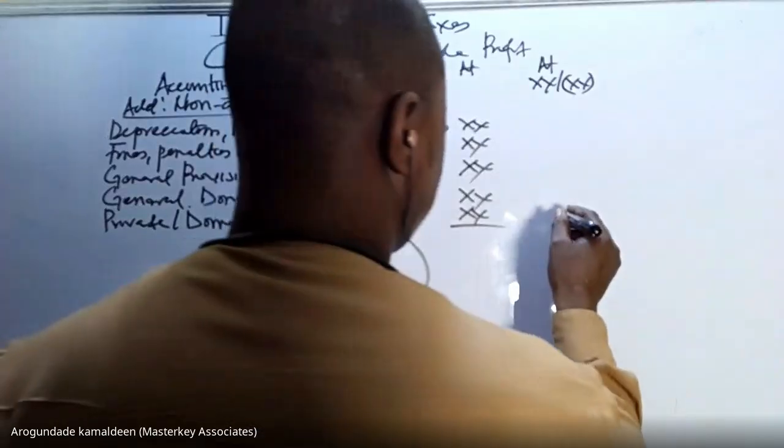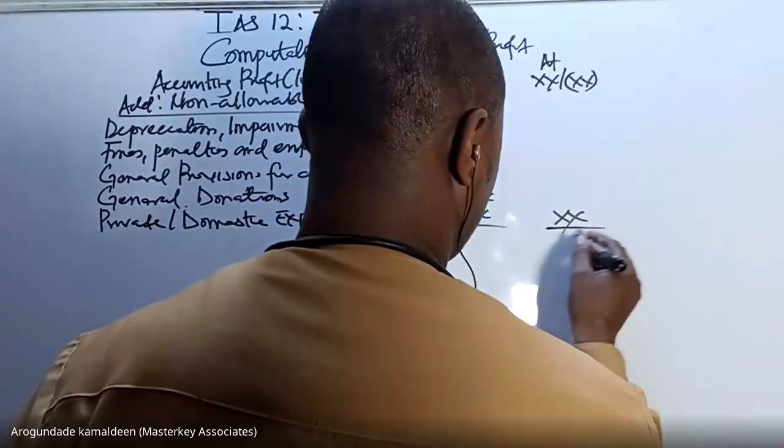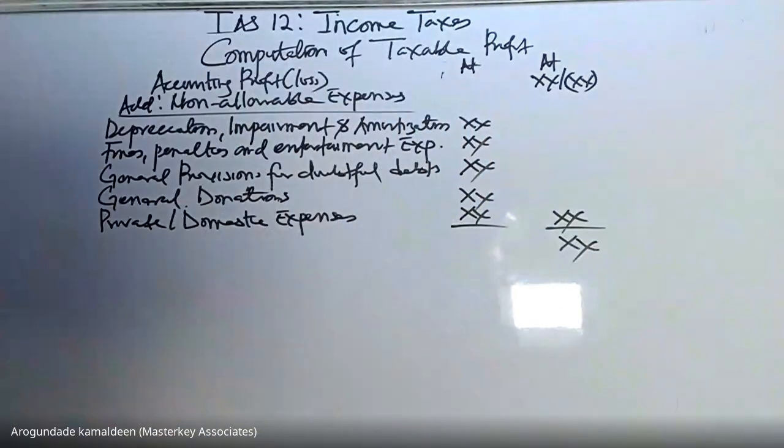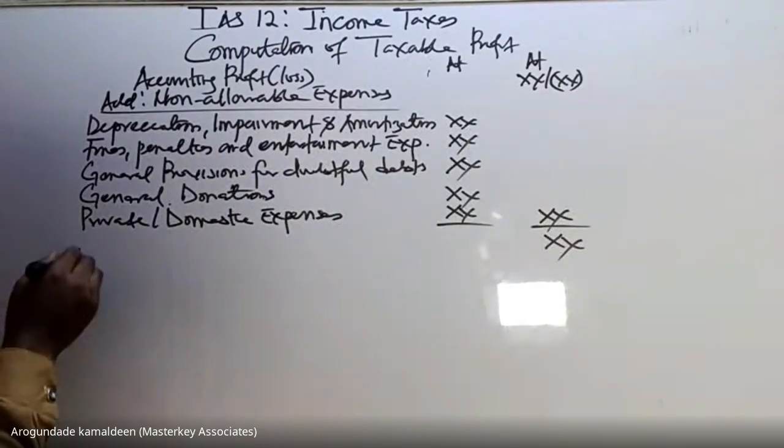So you have here. Next now. Are there any other incomes that are taxable but were mistakenly omitted by the taxpayer? Add.